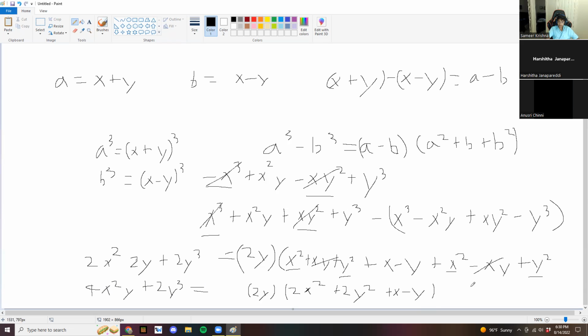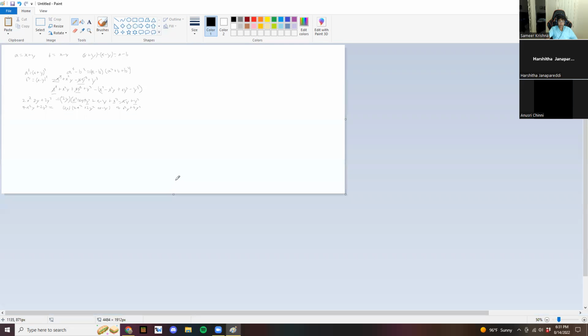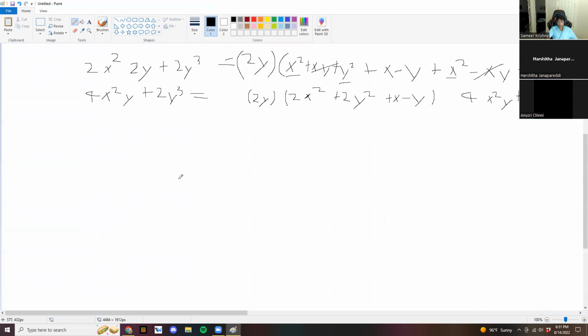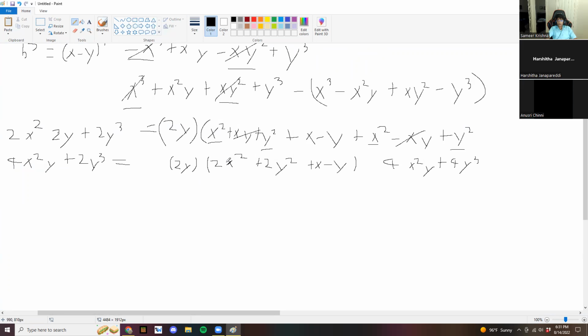And this is equal to 4x squared over 1 times y plus 4y cubed, and then 2y times 2.